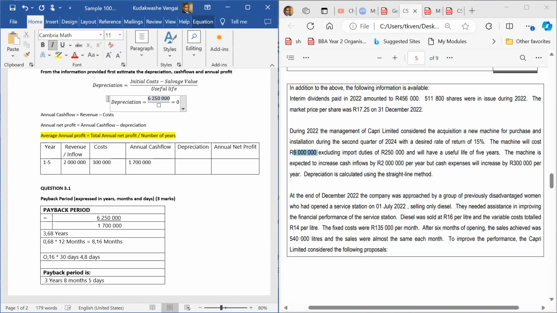They are part of the initial costs, right? Minus the salvage value. Salvage value is the disposal value. When the machine gets old, are we going to sell it, and how much are we going to get? In this particular question, there is no salvage value, so it's 0. Divided by the useful life, which we are told here is 5 years. So we divide everything by 5.